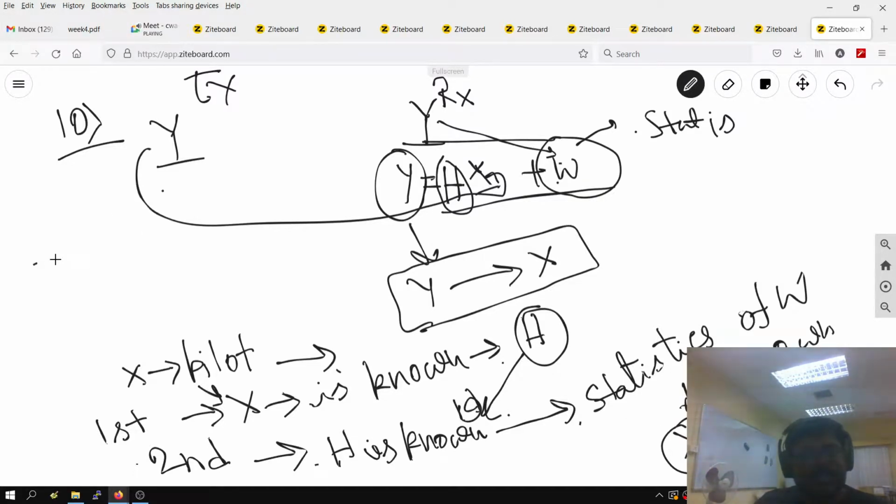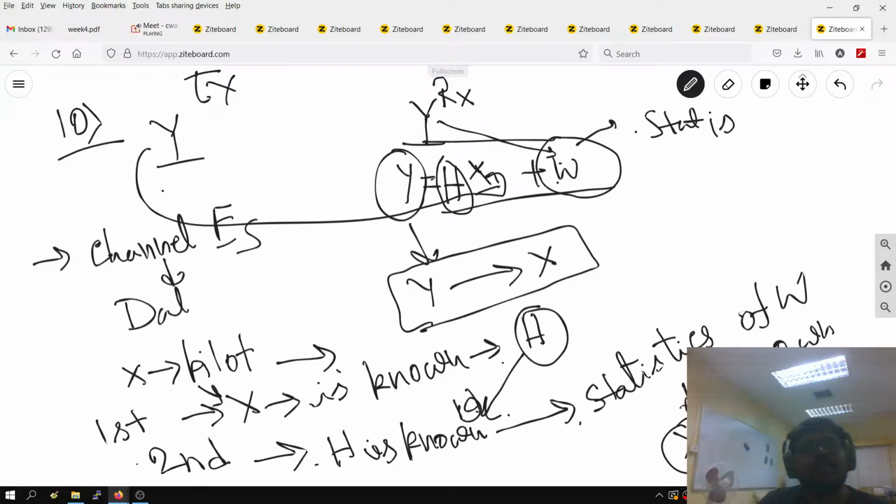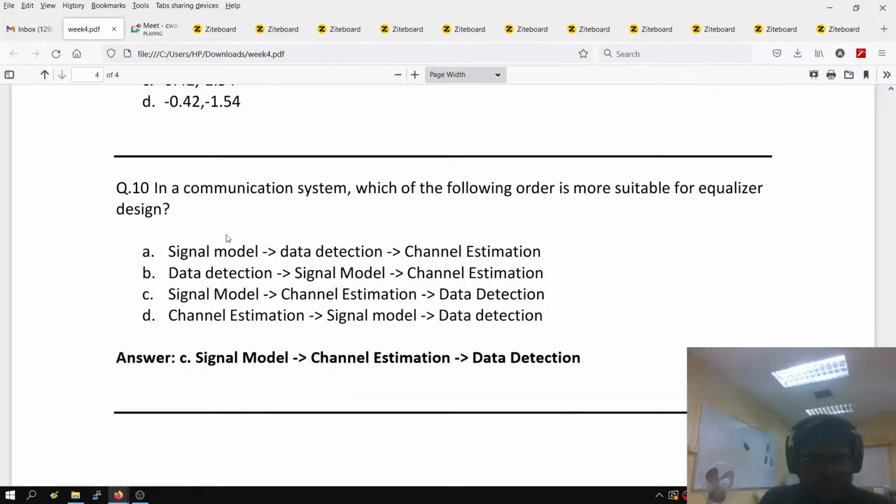So the process is in this order. We have to do the channel estimation first, and data detection after that. So first is the signal model, second is the channel estimation, and third is the data detection.